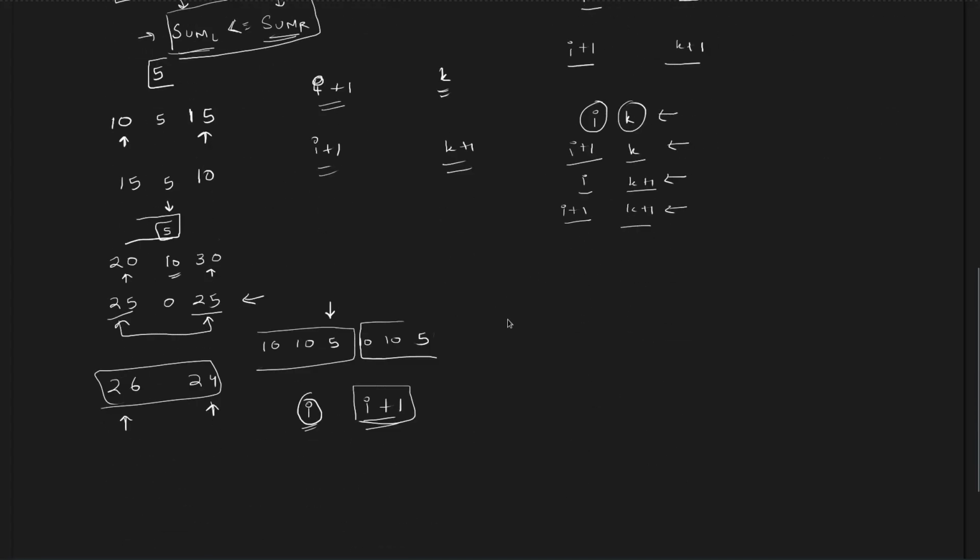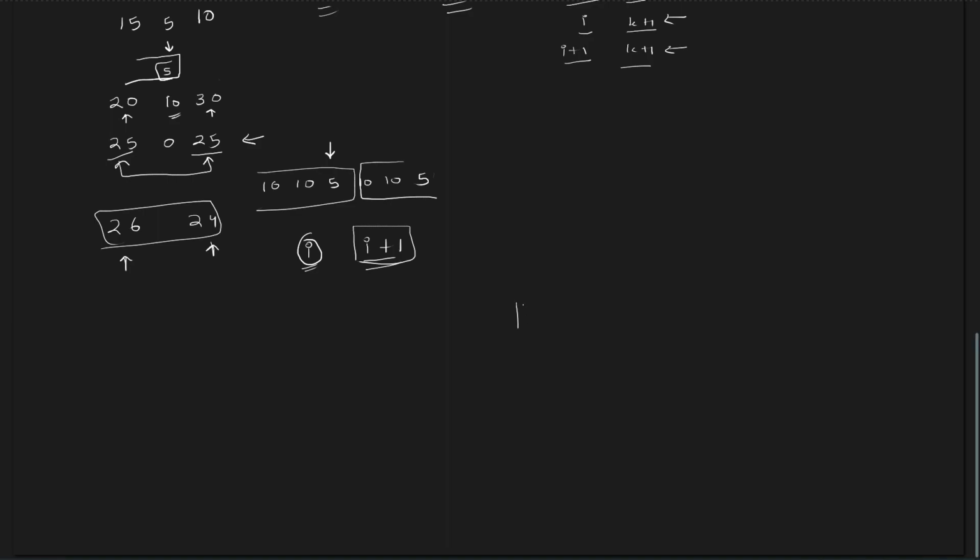So let me just show you here. If this is my array, this is my 0th index, 1, 2, 3, 4, 5. This is n minus 1. This is n minus 2. This is n minus 3. Right. This is enough for us. So I am starting the j from this particular value.